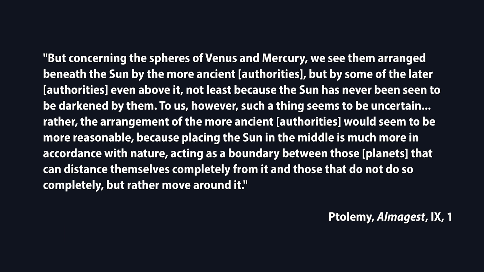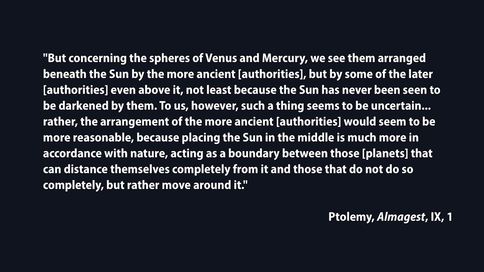He says, because he's talking about the planetary order and the rationale for putting the sun in the center: "But concerning the spheres of Venus and Mercury, we see them arranged beneath the sun by the more ancient authorities, but by some of the later authorities even above it, not least because the sun has never been seen to be darkened by them. To us, however, such a thing seems to be uncertain.